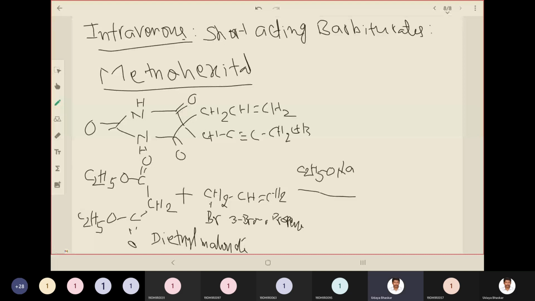This undergoes condensation, and you will get this intermediate. That is, the propenyl group goes and gets attached to the diethyl malonate moiety. So let me continue on the next page.